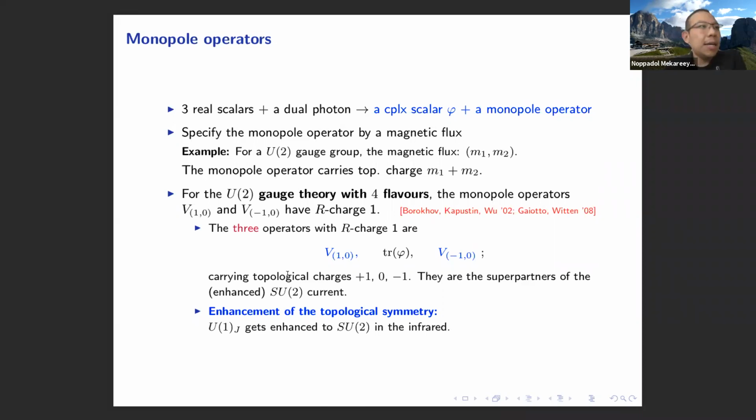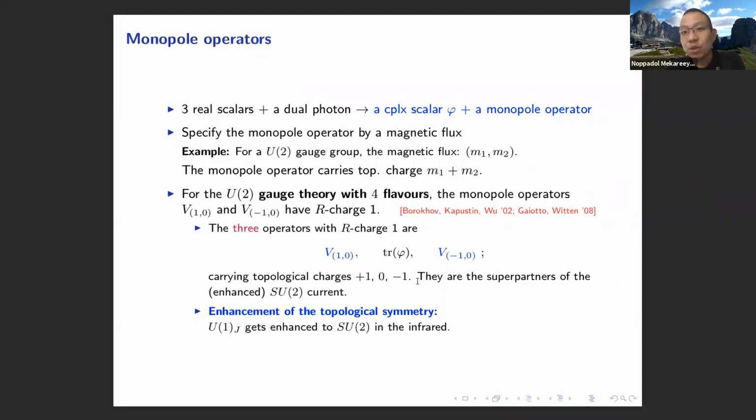If you look at the theory, there are 3 operators with R charge 1, namely V_(1,0), V_(-1,0), and trace phi, which is the scalar. They carry topological charges plus 1, because it's a monopole, 0, and minus 1. So there are 3 of them, and they carry charges plus 1, 0, and minus 1.